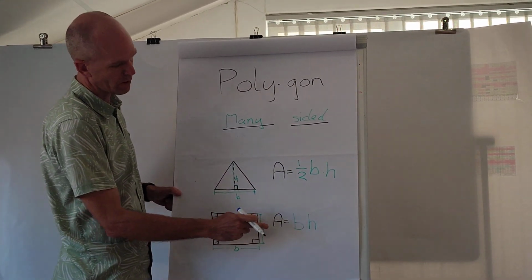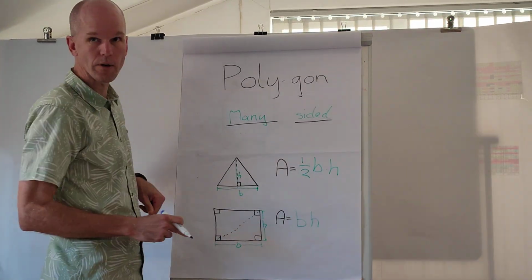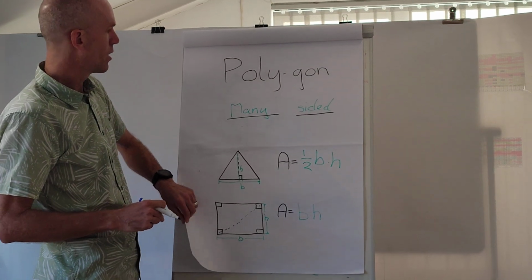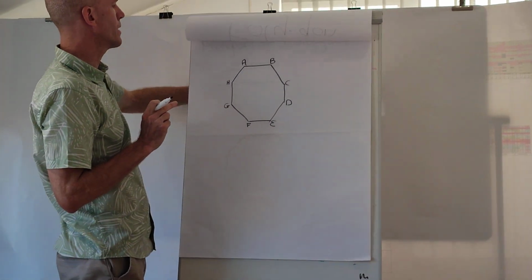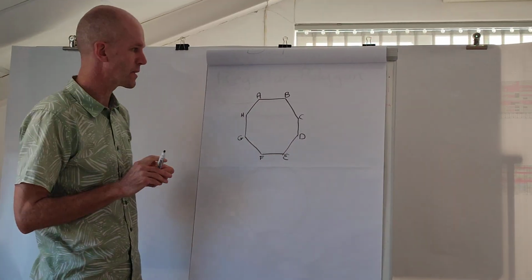And I hope you can agree with me that the area of a rectangle is just twice the area of a triangle. So what if we took that idea and we took it to all polygons, all multi-sided figures?